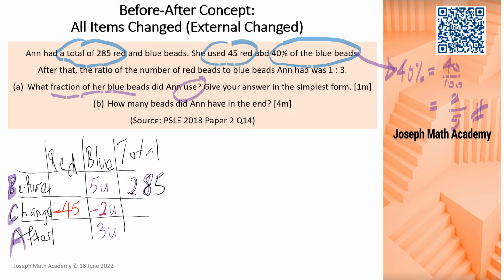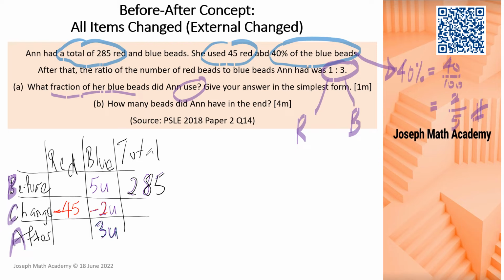I'm going to read line 2. Line 2 says that the ratio after was 1 to 3. That means 1 for the color red and 3 for the color blue. So if you look at our after row, the 3 units belonging to blue happens to be the same 3 units here.